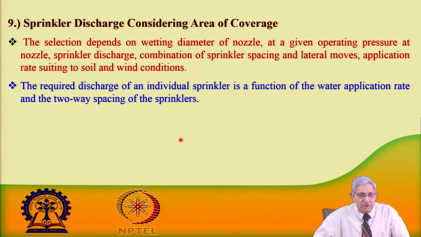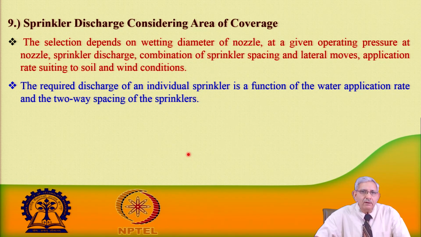Now, sprinkler discharge considering the area of coverage. The selection depends on the weighted diameter of the nozzle at a given operating pressure, and then the combination of sprinkler spacing, lateral moves and application rate suiting the soil and wind condition.